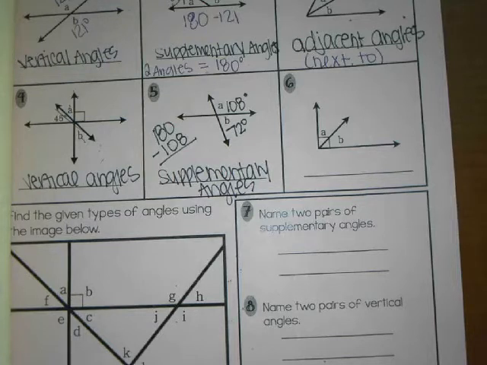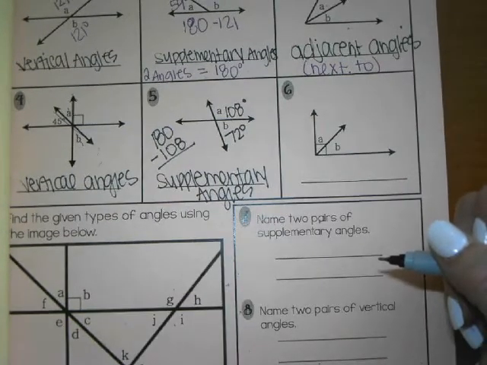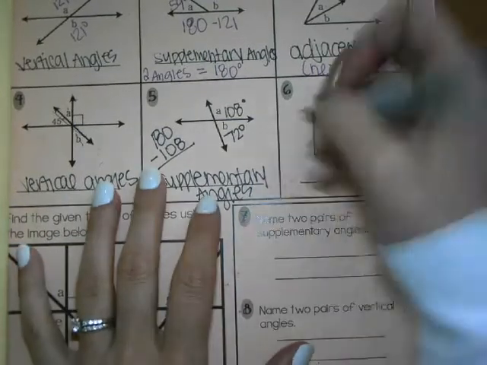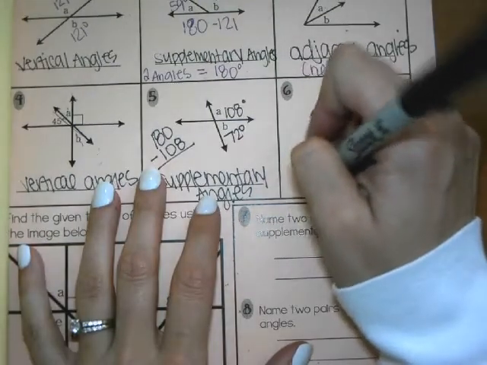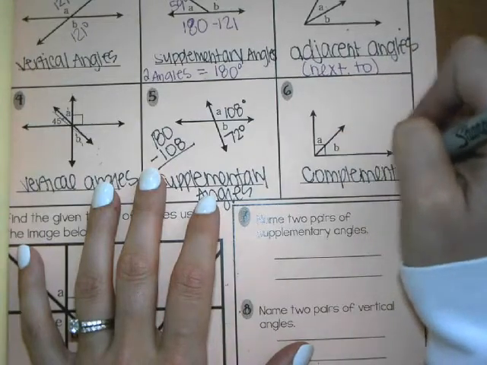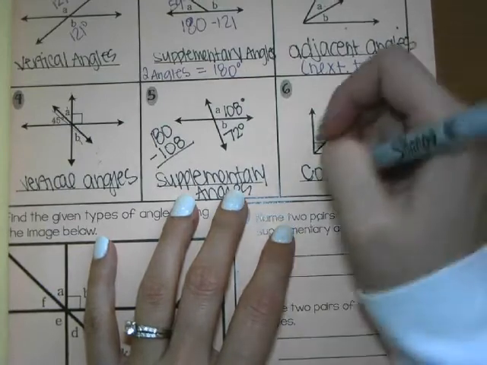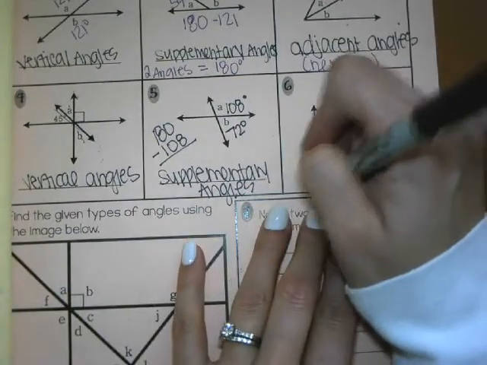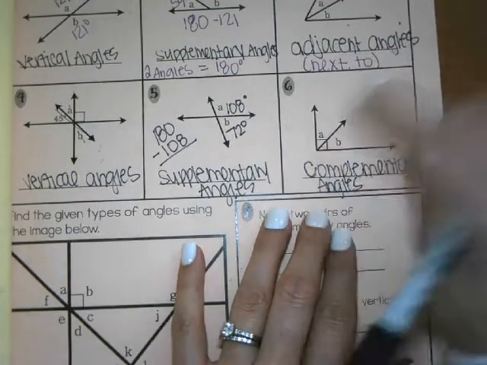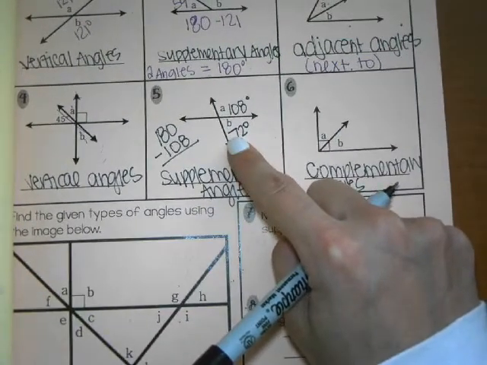Number 6. What do you think number 6 is going to be, you guys? What's the one angle we haven't talked about yet? This is a complementary because we haven't talked about it yet. Now, it is also adjacent because what does adjacent mean? Next to. So this is also an adjacent angle, which means number 5 is also adjacent.